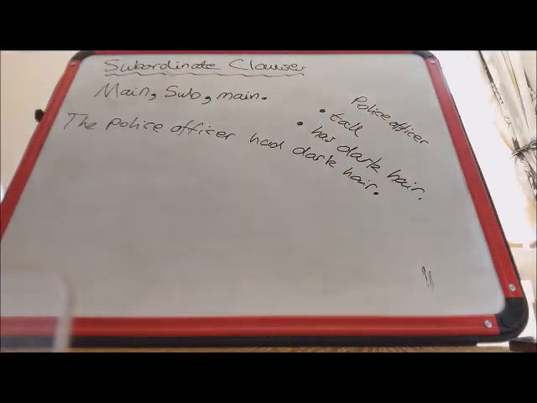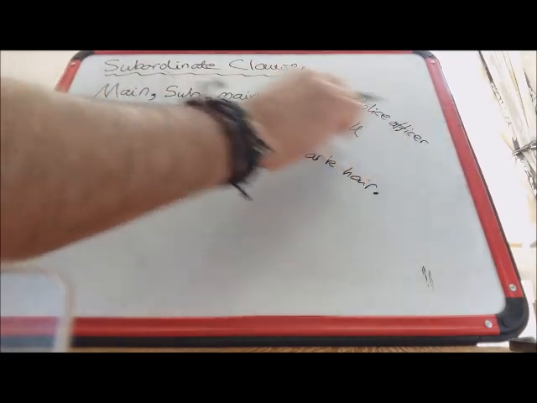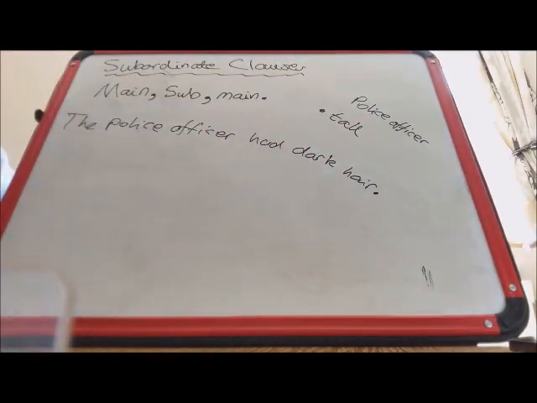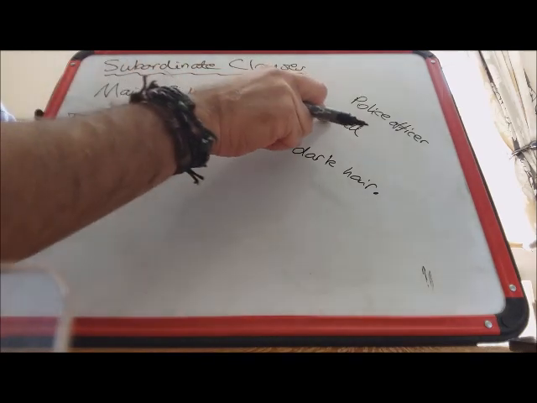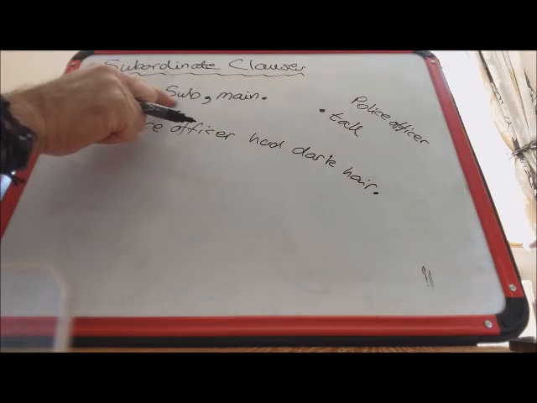Okay, so let's just get rid of that so that we've got a bit more space. The police officer had dark hair, and we also need to say that the police officer is tall. So what we need to do is put that fact into the middle, and that will be the subordinate clause.